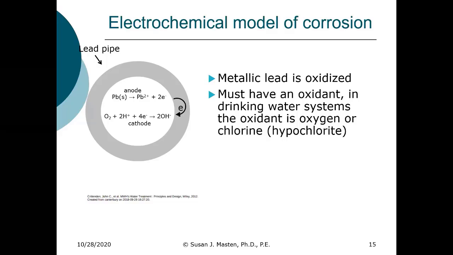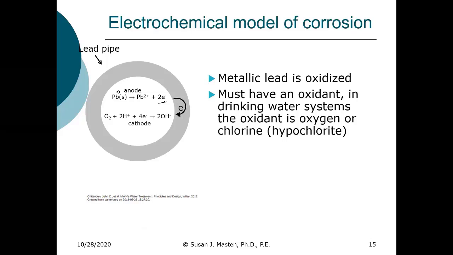As I mentioned, the metallic lead is oxidized. So shown here, we've got a lead pipe. That lead here, Pb0, is in a zero valence state, and that is oxidized to Pb2+.